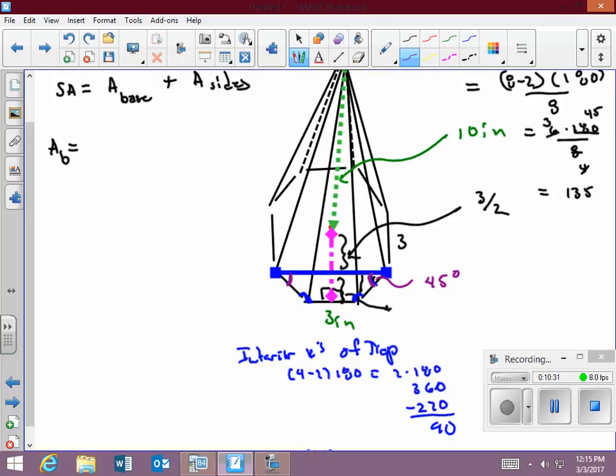So I'm trying to figure out what this is right here. Well, if that's a 45-degree angle, then this side right here is 1 over the square root of 2 times this 3, so 3 over the square root of 2.